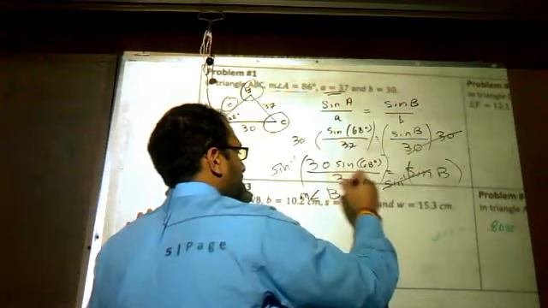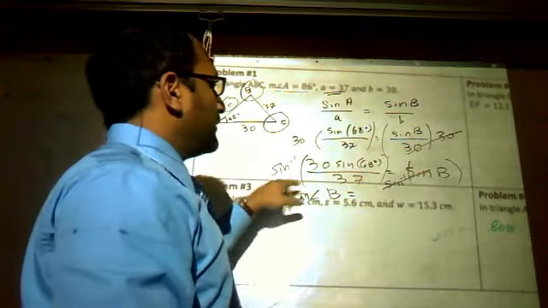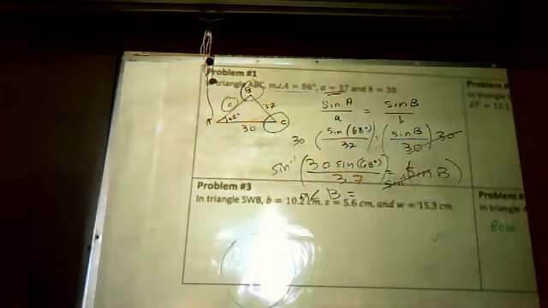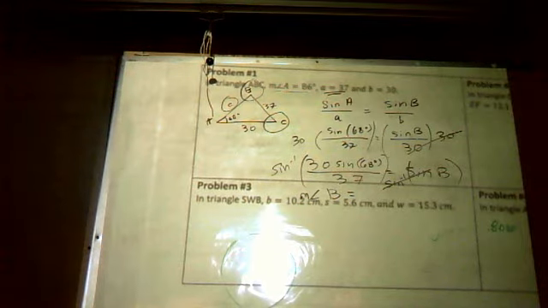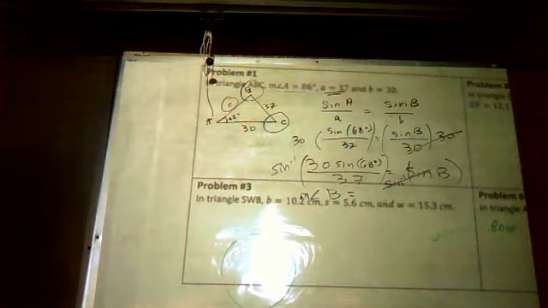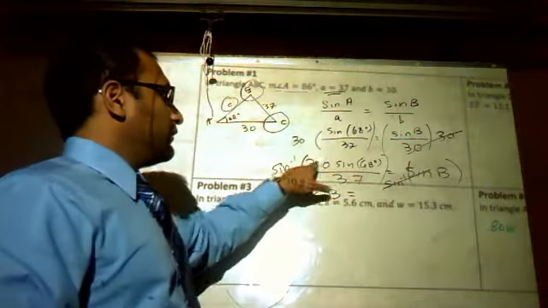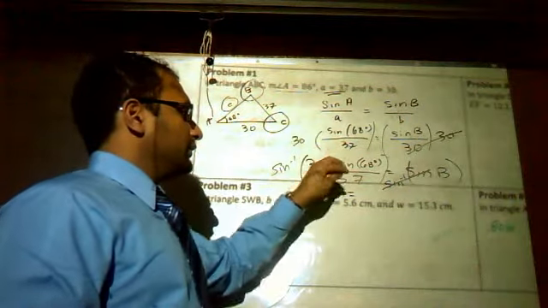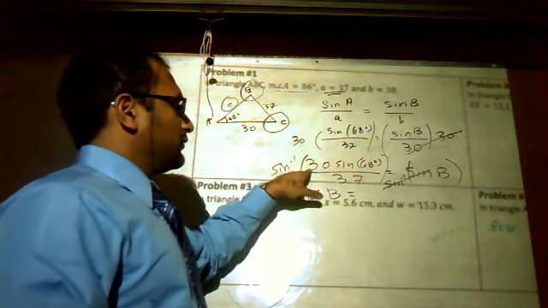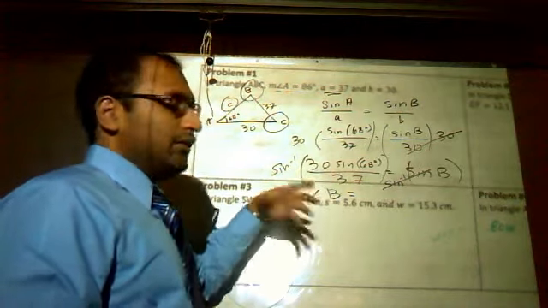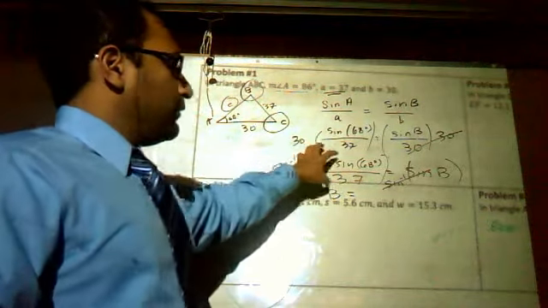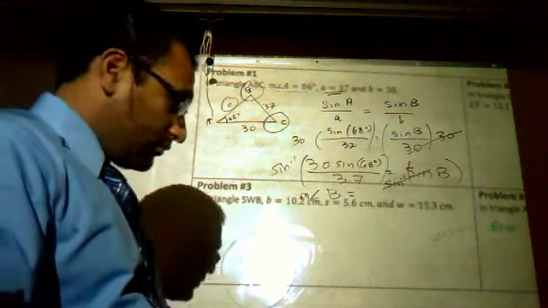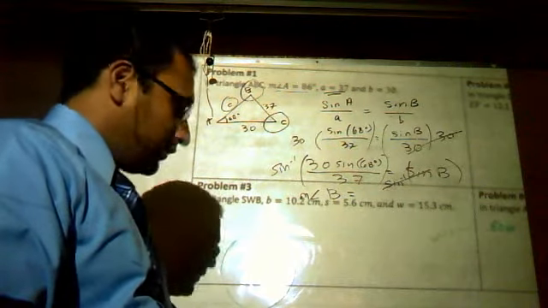So the measure of angle B is going to be equal to the inverse sine of 30 times the sine of 68 degrees divided by 37. Let's go ahead and do that. First, I want you to simplify this on your calculator. Multiply everything together and divide by 37, so 30 times the sine of 68 degrees divided by 37, then press second and put all of the decimal places into your calculator.